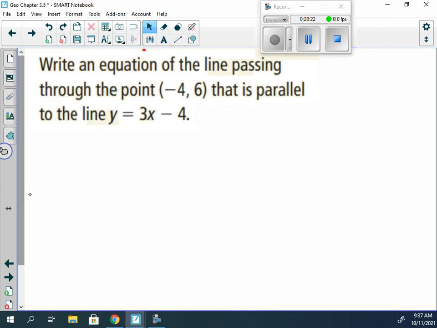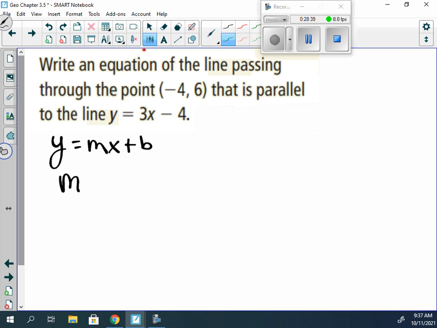Write an equation of a line passing through the point -4, 6, and is parallel to the line y equals 3x minus 4. So again, they gave us the original line in the form of y equals mx plus b. Now what's the slope of our original line?